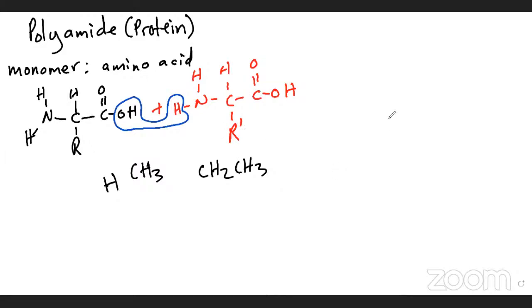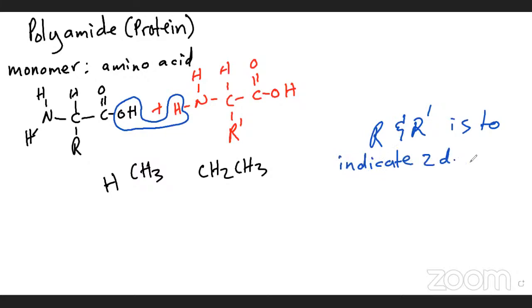So R and R prime is to indicate two different amino acids. All right. So I just put a little dash on it to show that it's a different amino acid.